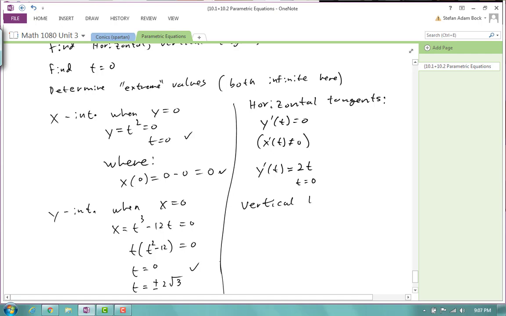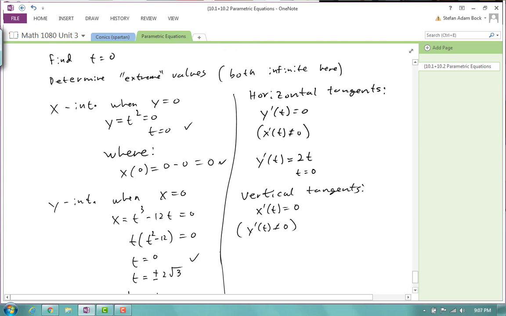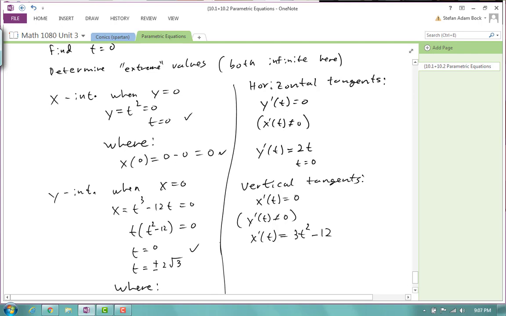Vertical tangents. That's when x prime of t is equal to 0 and y prime of t must not be 0. But x prime of t is equal to 3t squared minus 12.